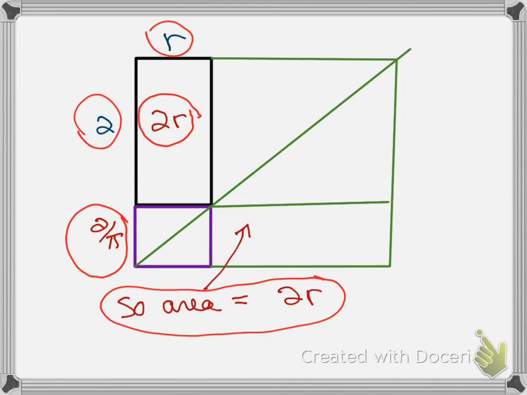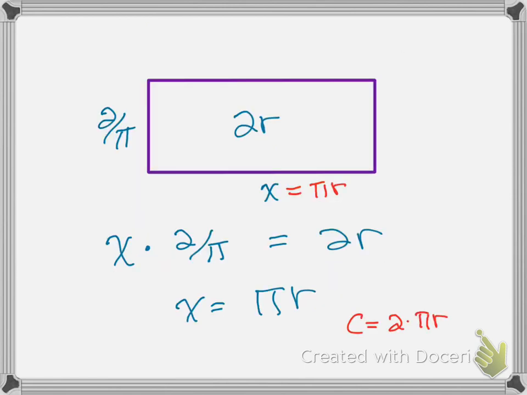Now we're going to analyze this rectangle at the bottom that we just constructed. The height of that rectangle was 2 over pi. We know that the total area of that rectangle is 2 times r, because that's how application of area works.